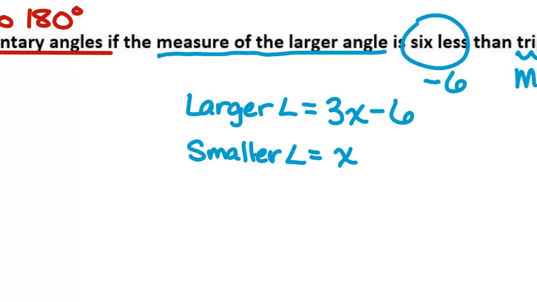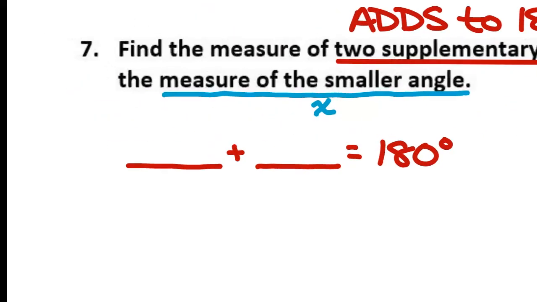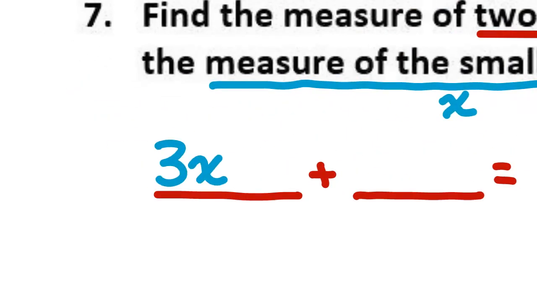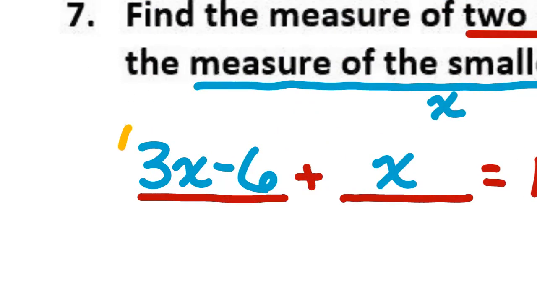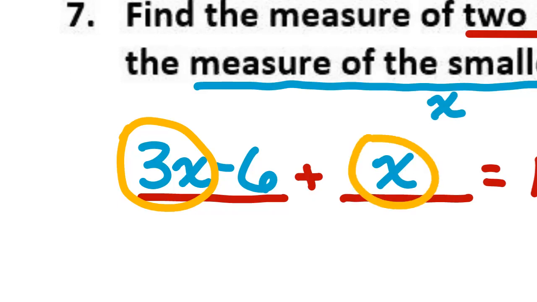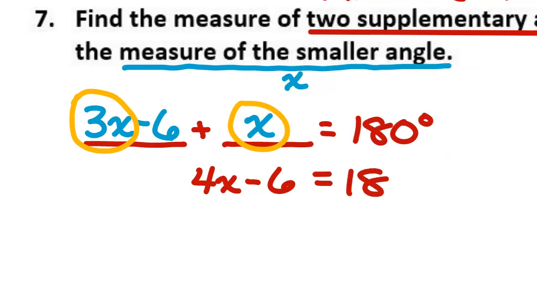So these are the two things that are going to go on those lines that add to 180. 3x minus 6 and x. And then we combine our like terms, 3x and x together, and I get 4x minus 6 equals 180.